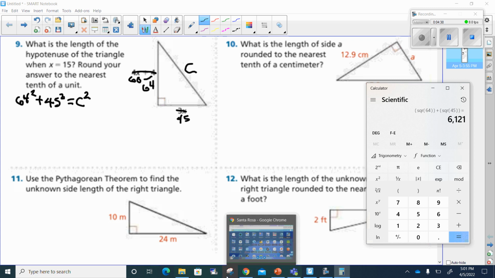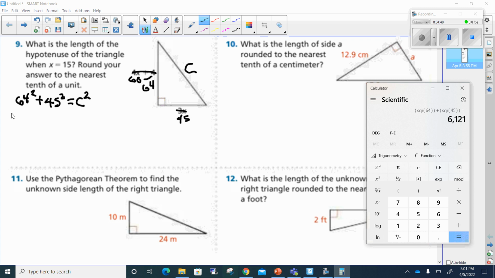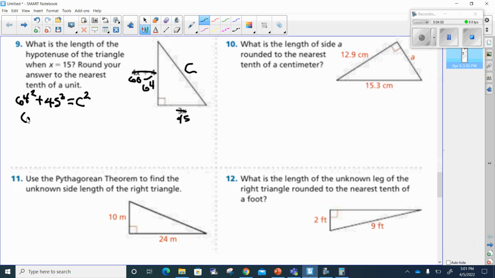Now that I know this, 6,121, let's see, this is going to be equal to 6,121, and that equals c squared.